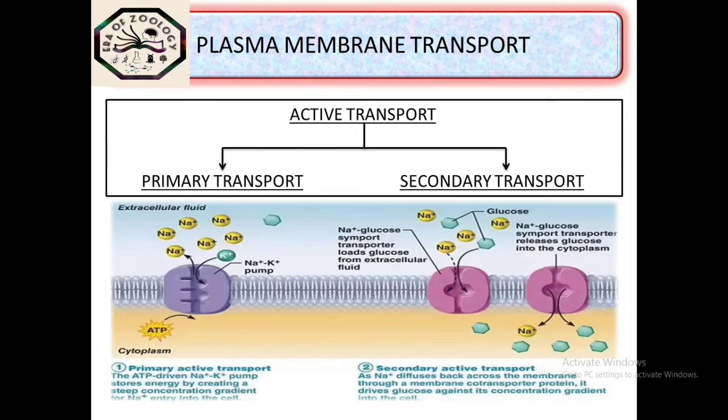In phospholipid structure the head region is hydrophilic and the tail region is hydrophobic. When the water molecule from the extracellular part passes through the phospholipid bilayer to enter the intracellular part of the cell, it must go through the hydrophobic region of this phospholipid bilayer.